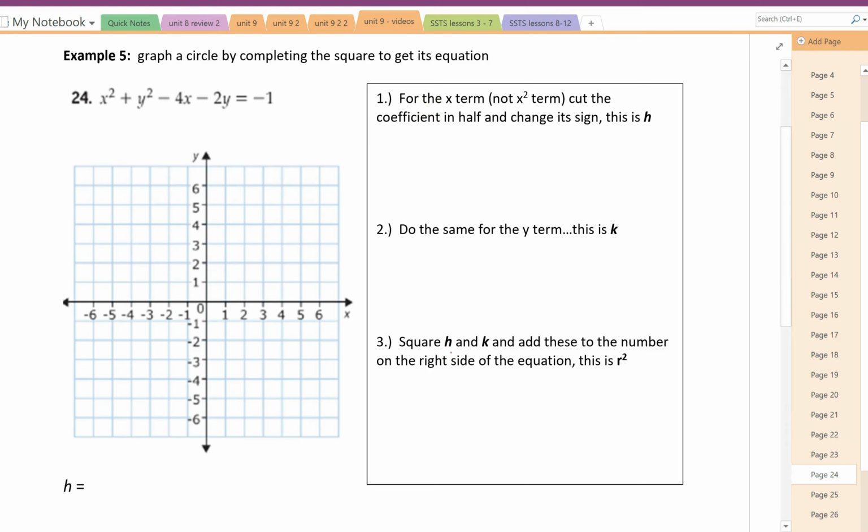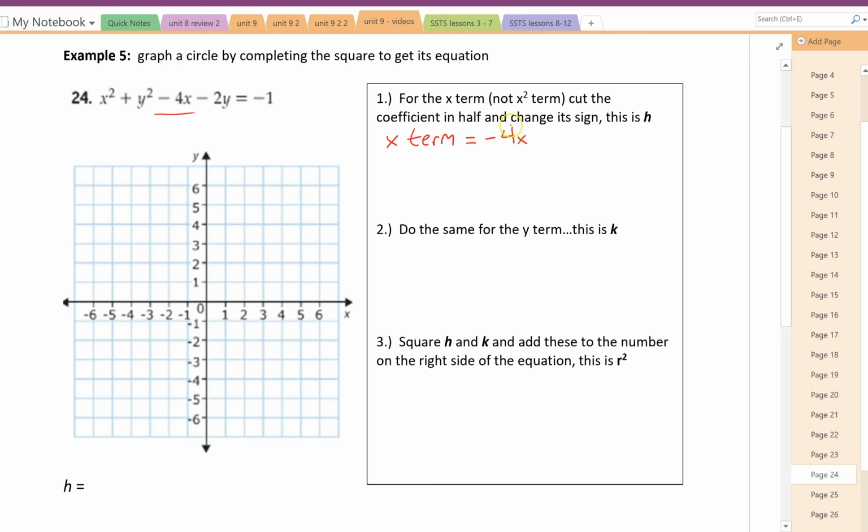So when you get one like this, here's what you're going to do. You're going to start with step number 1. For the x term, not the x squared term, but the x term. So the x term in this problem is negative 4x. I'm going to cut the coefficient in half.